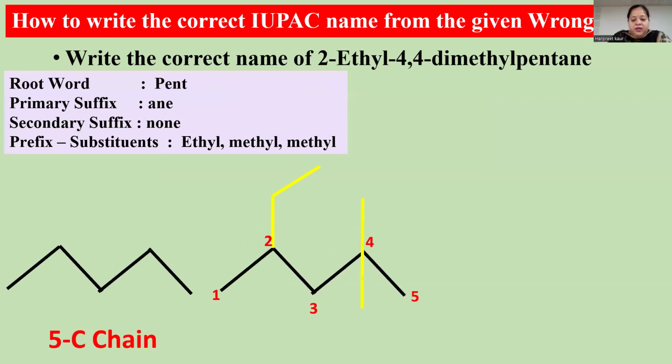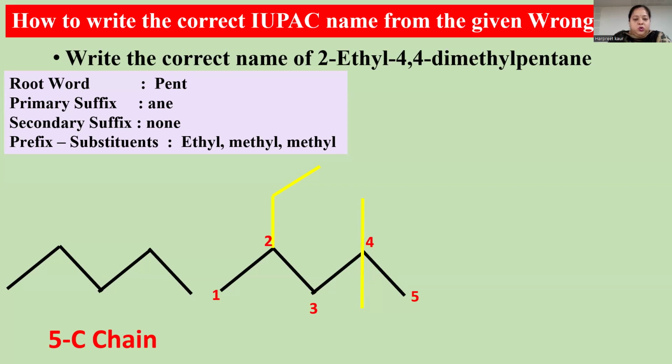Then, as it is ane, in that chain of 5 carbon atoms all are single bonds. Then number it from 1 to 5, either way, from right to left or left to right. I have numbered it from left to right. 5 carbon atoms are now labeled.